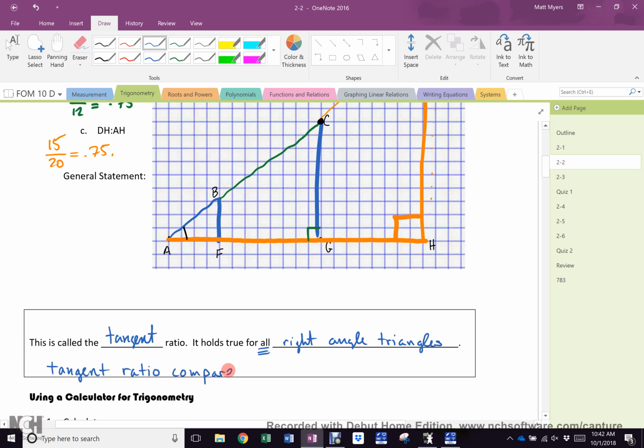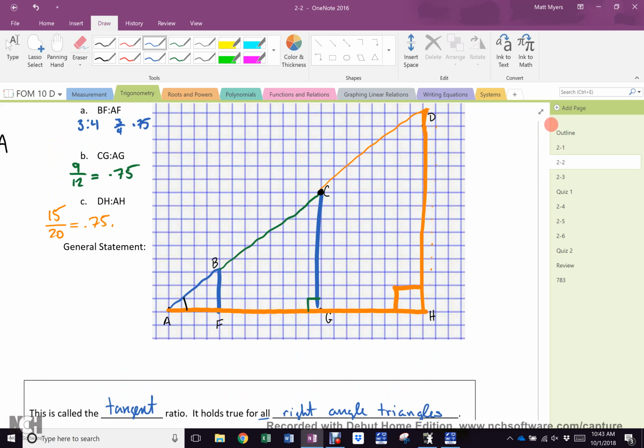compares the legs of a triangle. Please notice we did not talk about the hypotenuse, did we? No. We did all our comparisons between the legs, right? Now you're intelligent people.